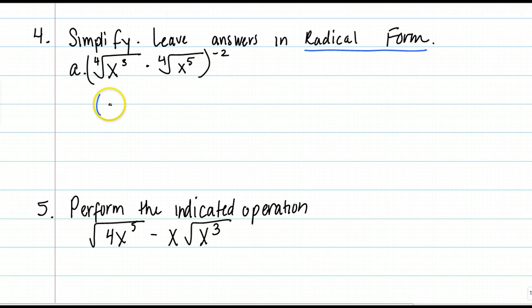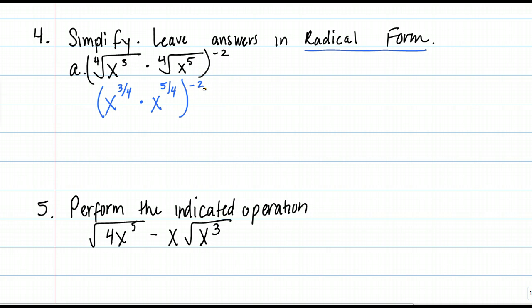So the 4th root of x to the 3rd is x to the 3/4, where x is the base, our power is 3, and our root is 4. And then we have x as our base, our power is 5, and our root is 4, and that is to the negative 2 power.